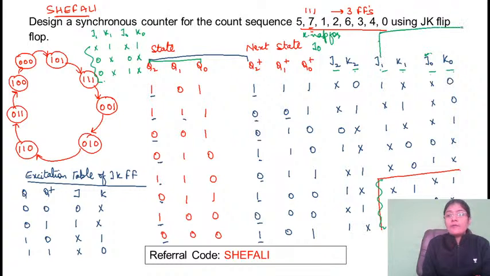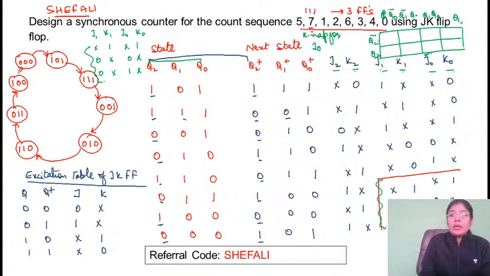So we have Q2 complement and Q2. We have Q1 complement, Q0 complement, Q1 complement, Q0, Q1, Q0, Q1 and Q0 complement. Now you can't fill in the positions blindly.